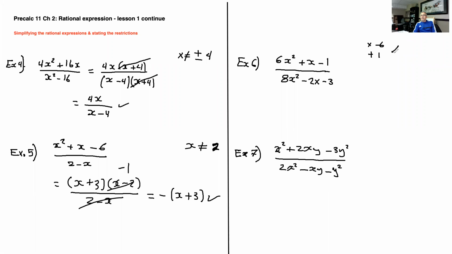The two numbers that do that for us are 3 and negative 2, because they multiply to give negative 6 and add to give 1. It's a different way of factoring. It's faster and it saves you time. If you like it, use it. If you don't like it, still do decomposition. I write x plus 3, x minus 2.